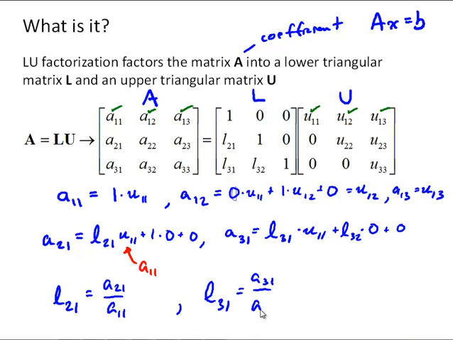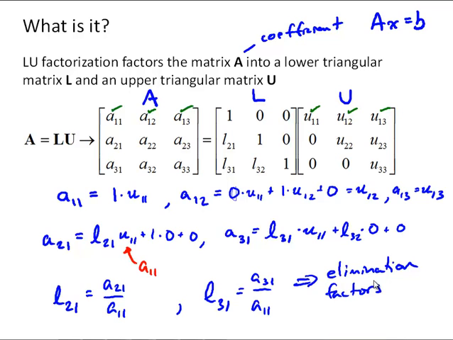If you recall from Gauss elimination, these are the elimination factors that we would be using in the forward elimination step of Gauss elimination. We can actually use that to develop our technique to compute an LU factorization.